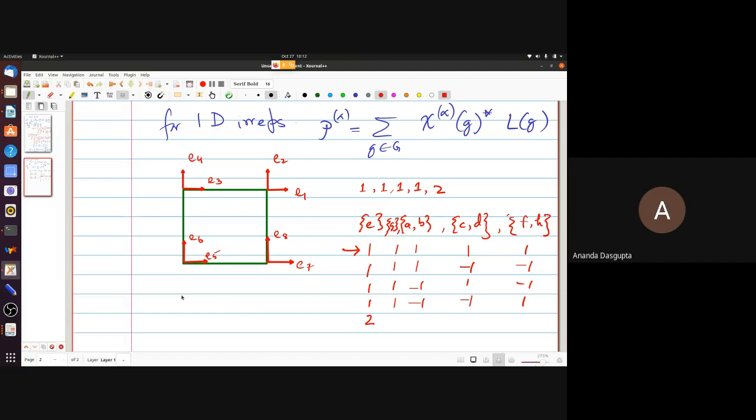That's what we figured out, because ultimately this particular 8-dimensional representation that we are going to get from the vibrations of the square molecule is nothing but a regular representation for this particular group, and hence it has every irrep as many times as its dimensionality.